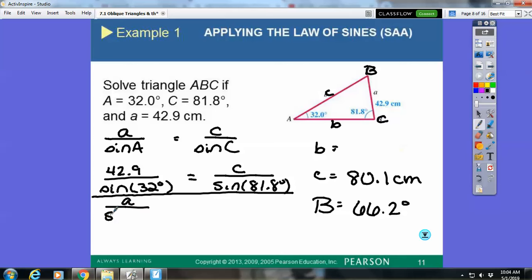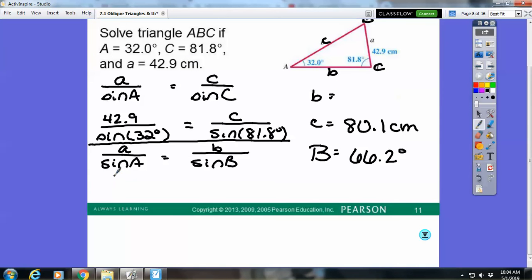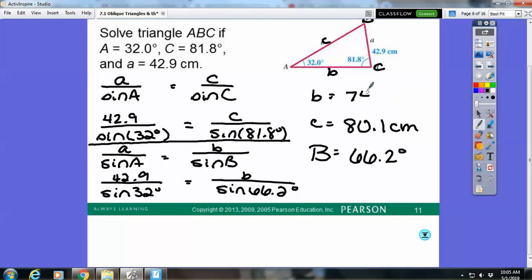You take any 2, so I could say a over sine A equals b over sine B. So a, 42.9, over the sine of 32 equals b, which I don't know, over the sine of 66.2. And I get that side b is 74.1 centimeters.